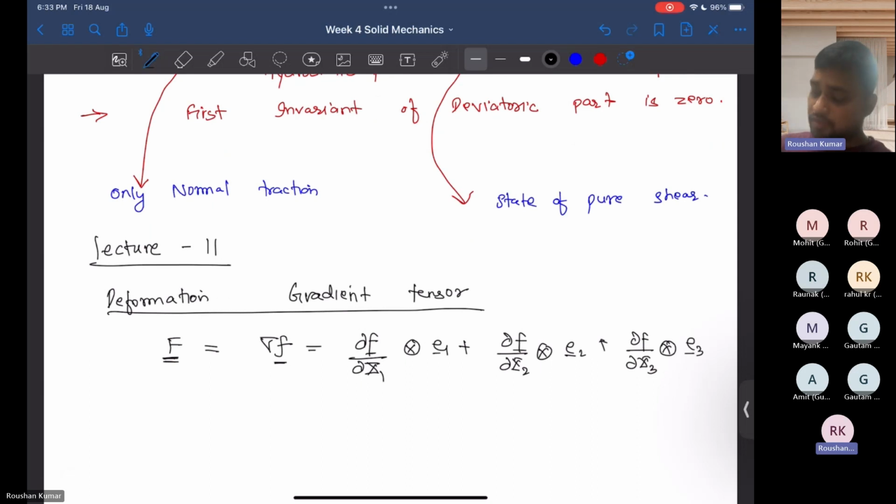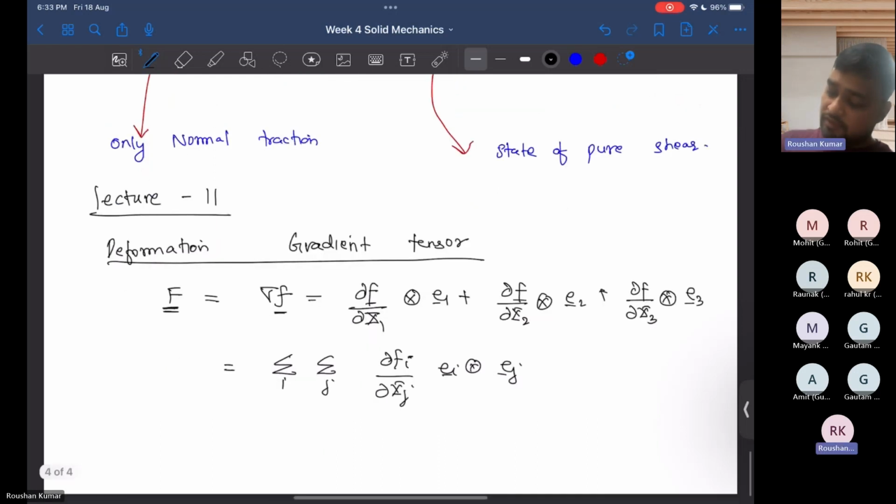And in index notation it can be written as summation over i, summation over j, del f i upon del x j, e i tensor product e j. So this is the deformation gradient tensor.